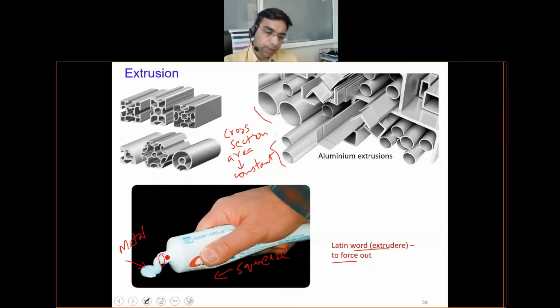So this opening becomes the opening of a die. So here also we have the role of a die. This opening of the die gives the final shape to this product.